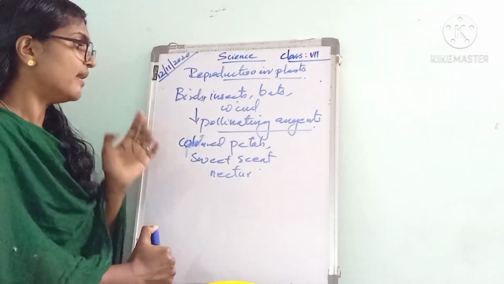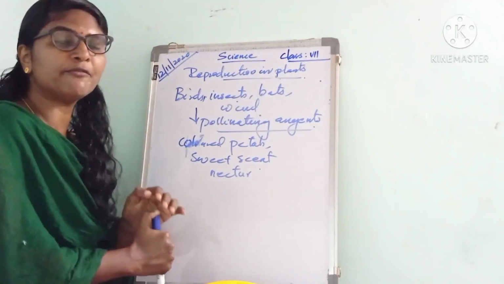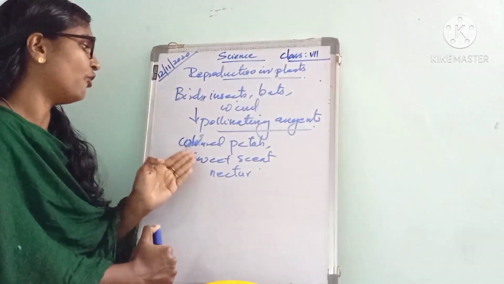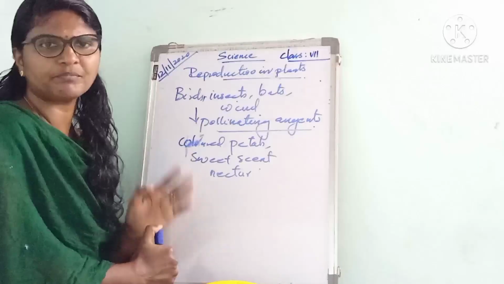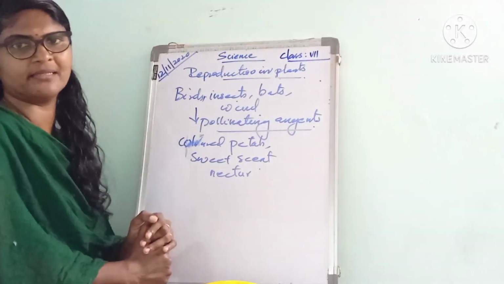Most of the orchid family plants are insect pollinated plants.